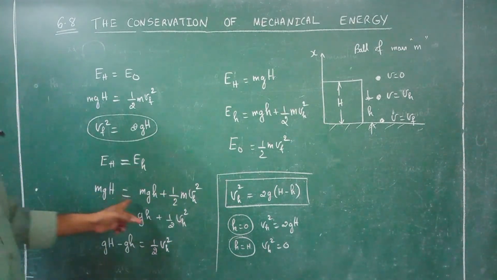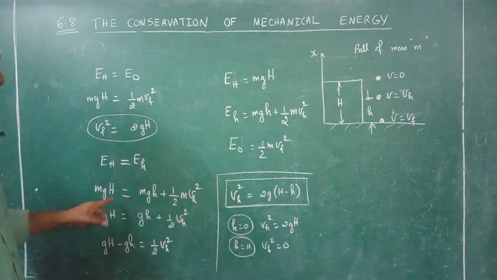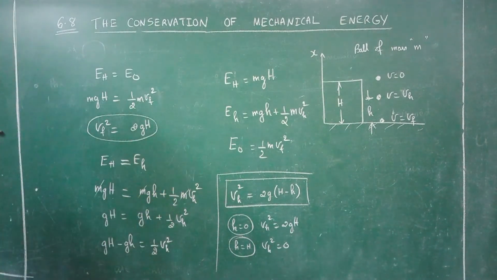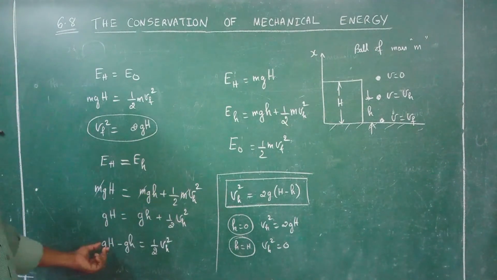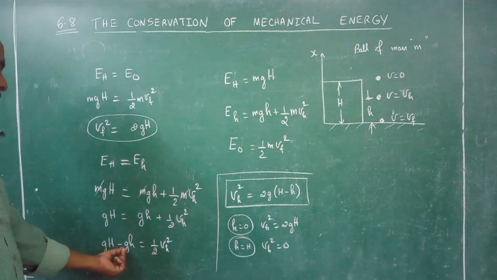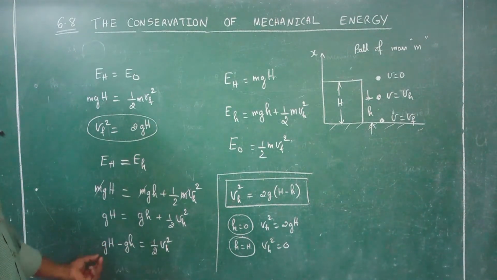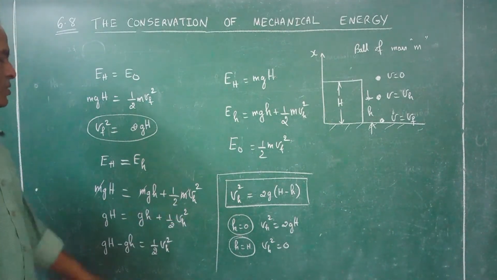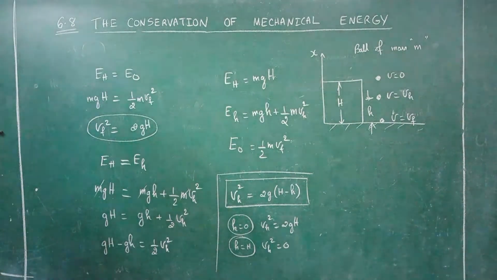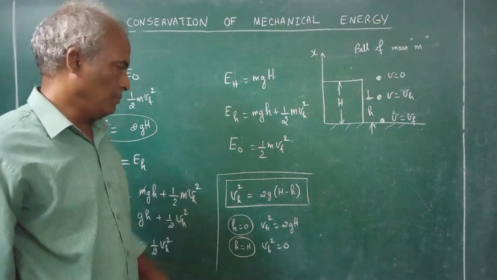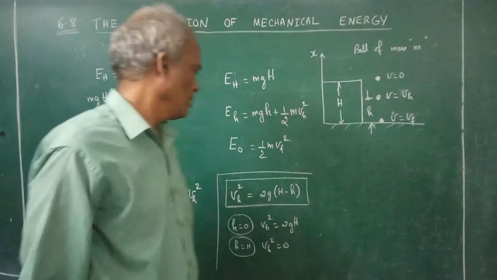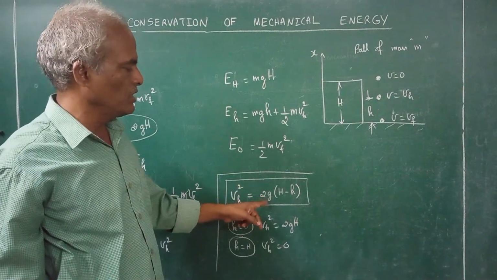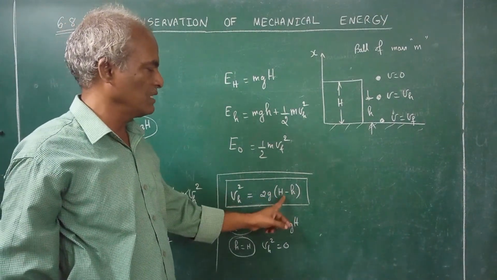Now divide throughout by m, so m gets cancelled. Bring the gh term to this side: gH minus gh. You can take g as the common term, so we have H minus h. Here we have half v square. So vh square is equal to 2g into (H minus h).